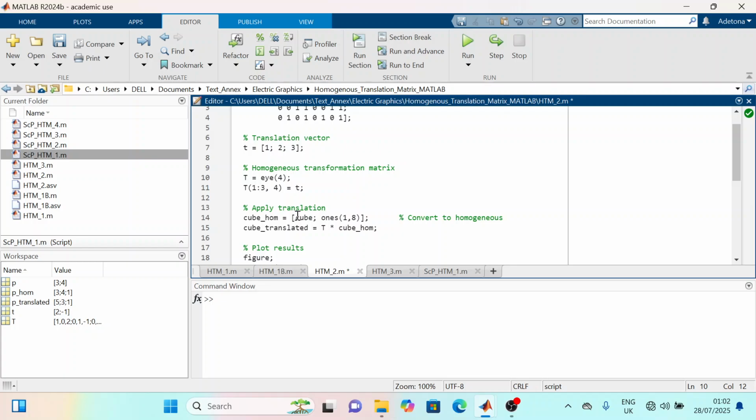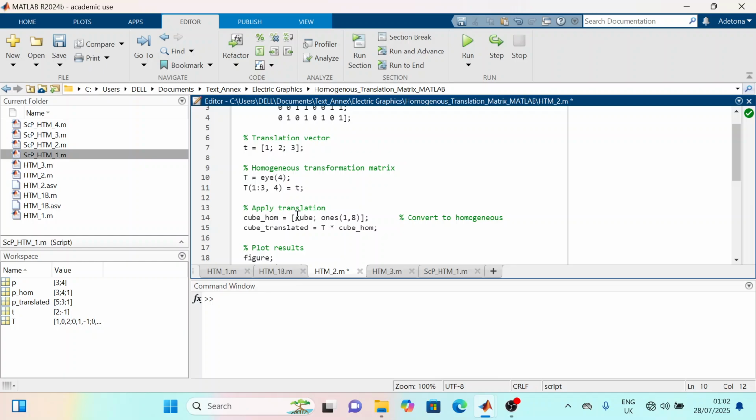Under normal circumstances, the cube is a vector of 3 by 8. Then the fourth row is going to make this cube become a 4 by 8 matrix.